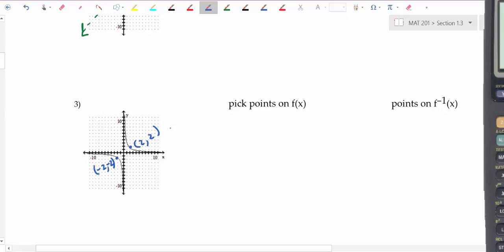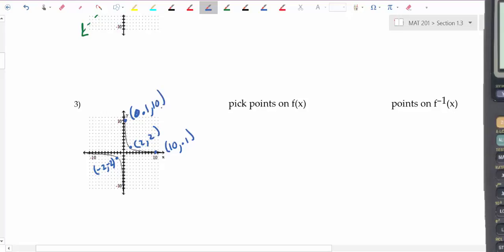Then this point over here, again I'm cheating a little bit, let's say that point is like 10 and maybe it's 0.1. It's small. And this point up here is maybe 0.1 and 10.